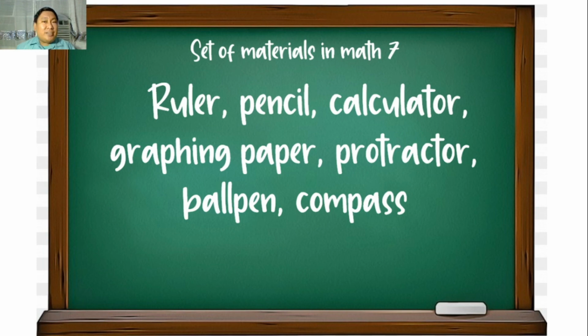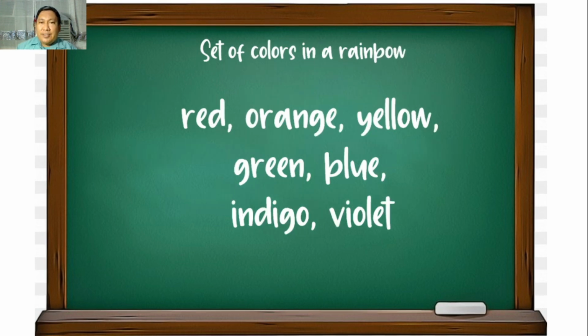For the set of materials in Math 7, we have ruler, pencil, calculator, graphing paper, protractor, ballpen, and compass. We can simply name this as letter D equals open brace and then closed brace. For the set of colors in a rainbow, we have red, orange, yellow, green, blue, indigo, and violet. We can name this set as E equals open brace and closed brace.